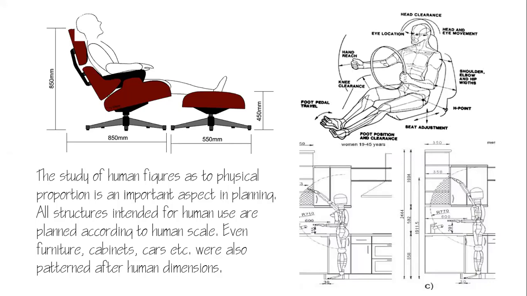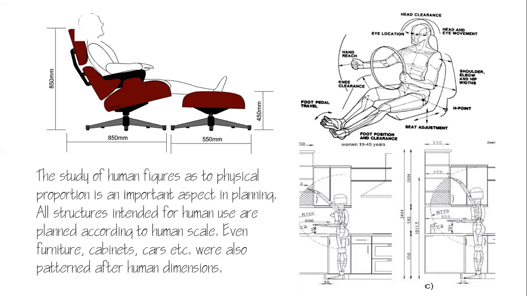All the furniture, cabinets, cars, or any other things are patterned after human dimensions. The design of the cars, chairs, and cabinets is irrelevant if you design it irrelevant to human dimensions.